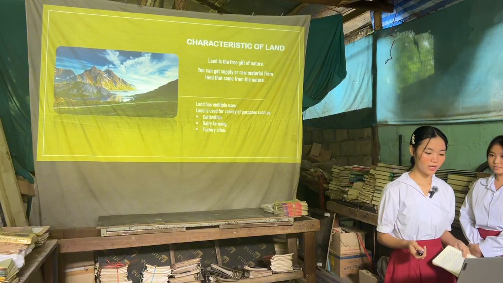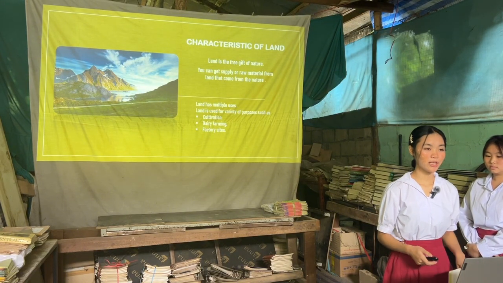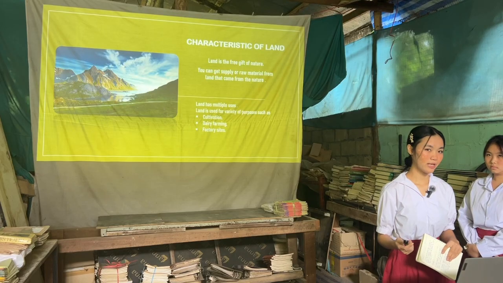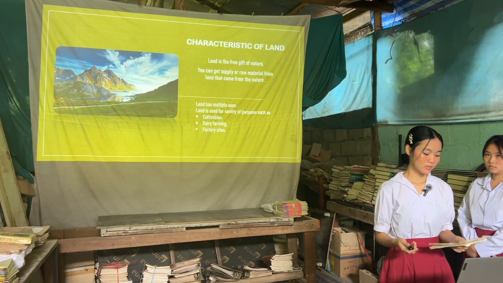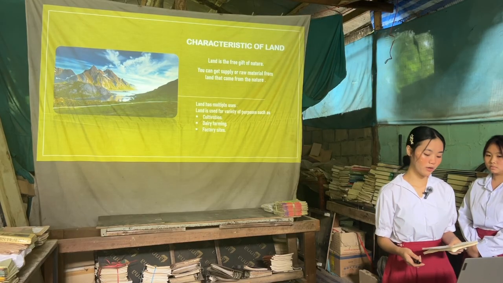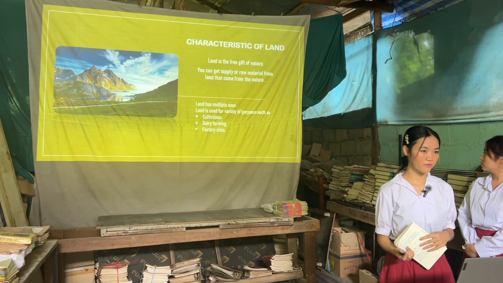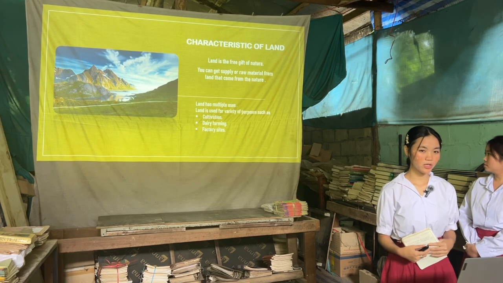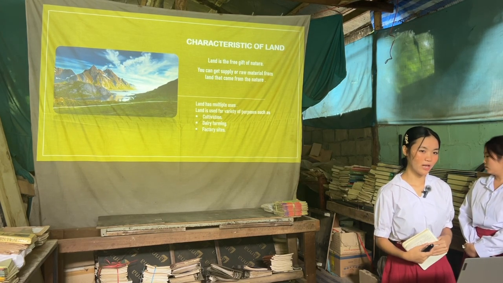Another one, land has multiple uses. We can use land in many different ways. Some land is used for cultivation, known as agriculture, and some land is used for dairy farming and factory sites.